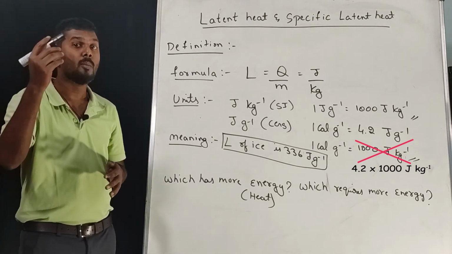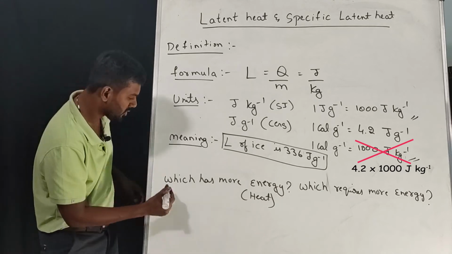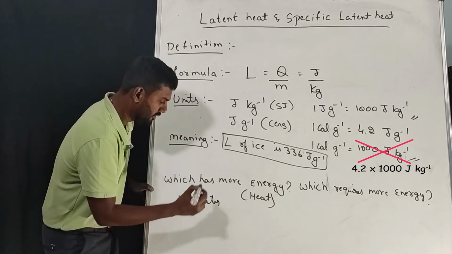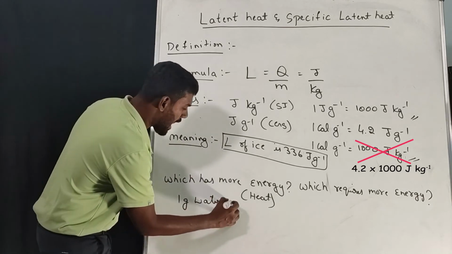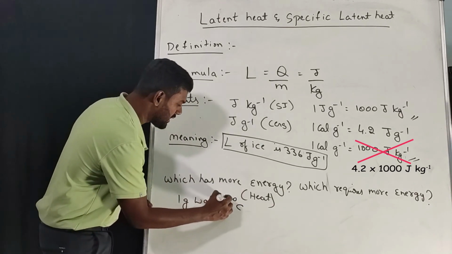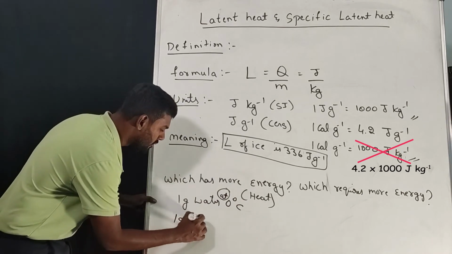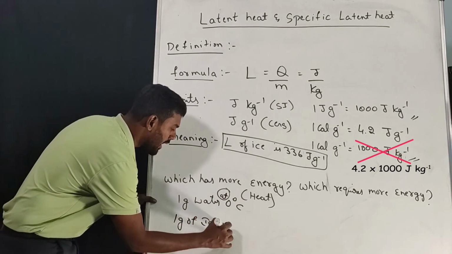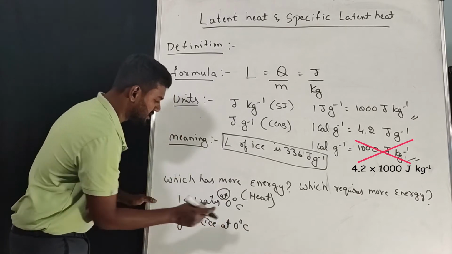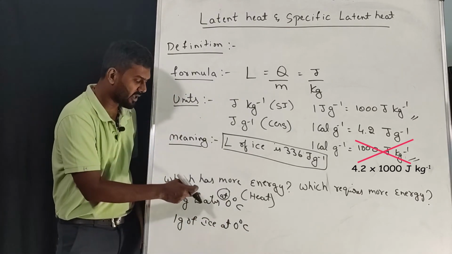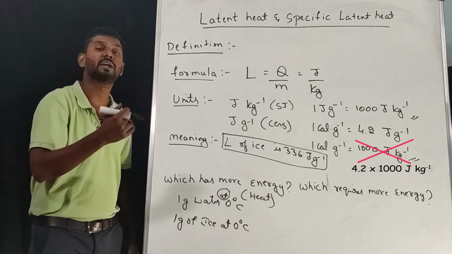So 1 gram of water at 0 degree Celsius compared to 1 gram of ice at 0 degree Celsius, in these two cases, which has more heat energy? Always water will have more heat energy.